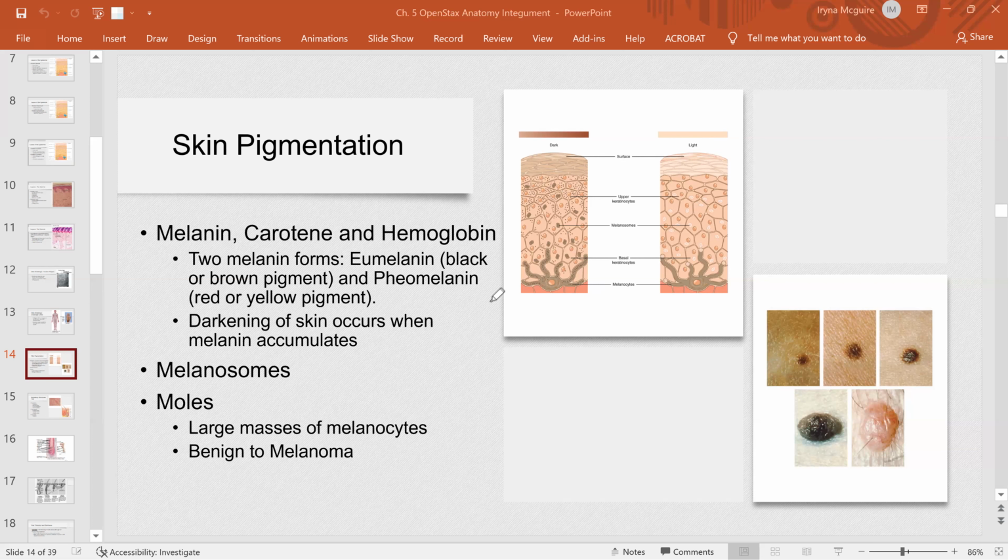We all have eumelanin and pheomelanin. Pheomelanin, for example, you find in the skin of your lips. That gives them this pink color.